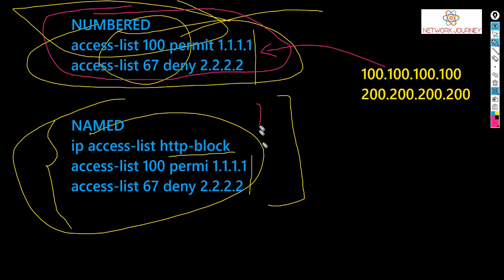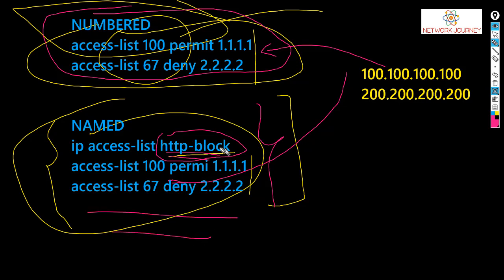But in the case of organizations that make use of the named format, you can easily look for this keyword and plug in these two IPs, so that they are within this block. So that's the difference between named and numbered.